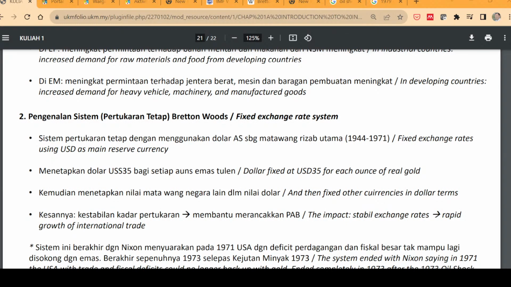IMF is for short-term loans only, to cure shocks like high inflation, shortfall in reserve, trade deficit, and so on, to solve the problem and stabilize the economy.